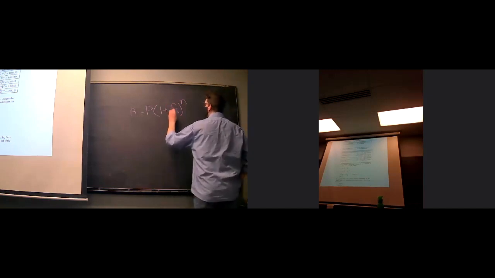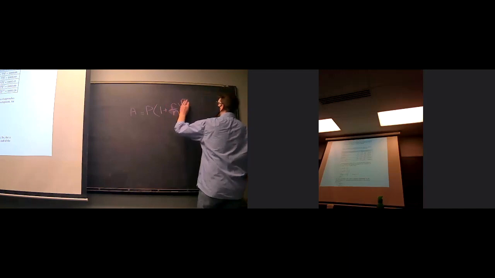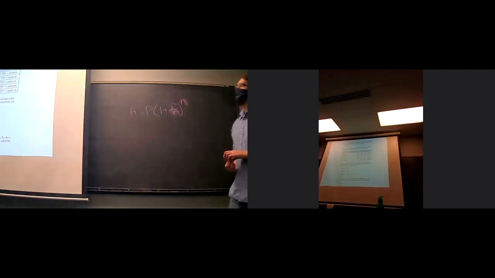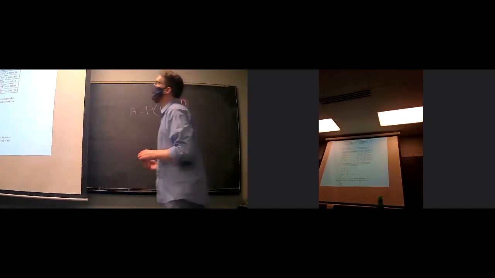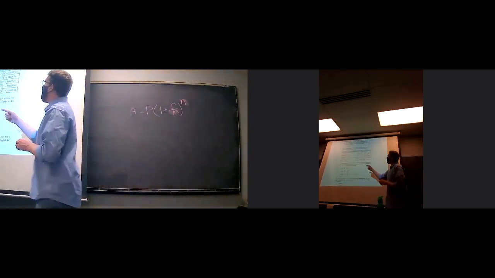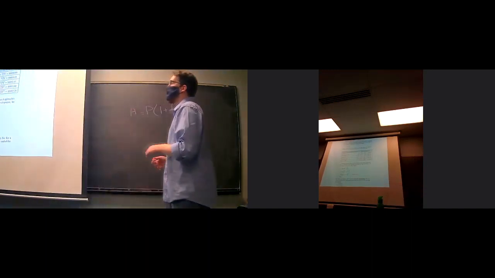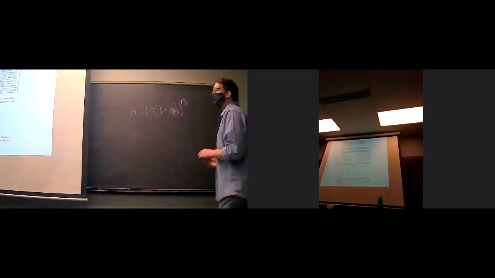So if in the setup of our problem we're told that our interest compounds annually, that means N is set to 1. If it's semi-annually, N is set to 2; quarterly, 4; monthly, 12; daily, 365.